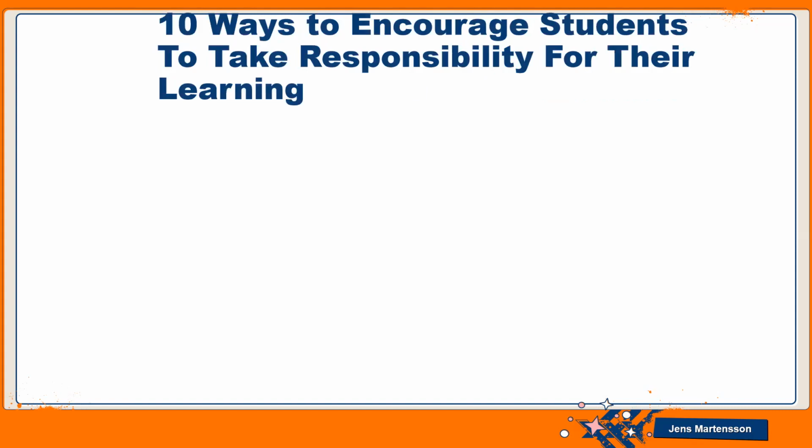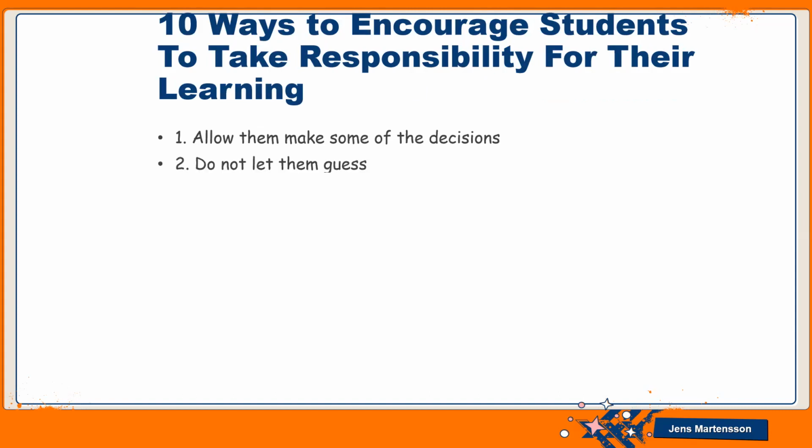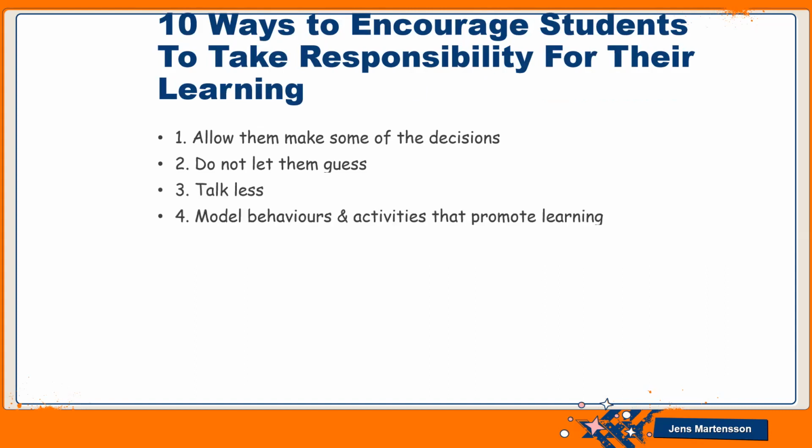Let's look at 10 ways to take responsibility for the learning of students. Just allow them to make some decisions. Do not let them guess, talk less, model behavior and activity that promote learning.